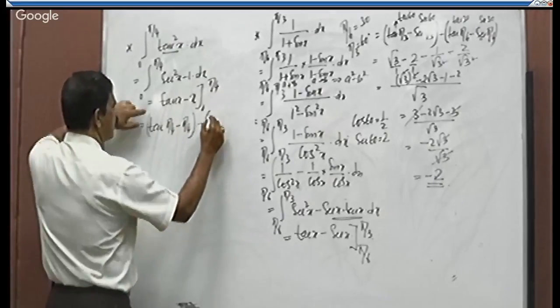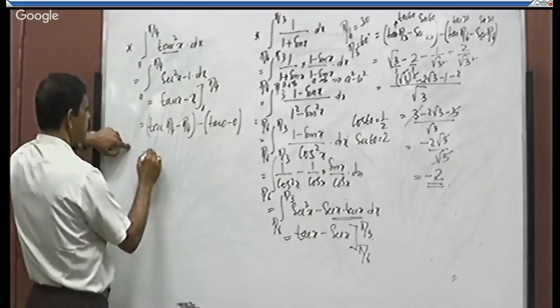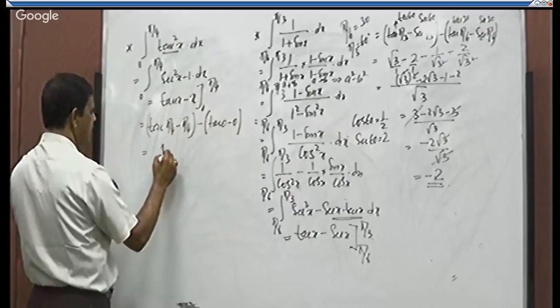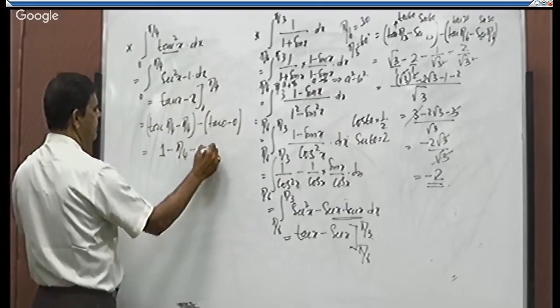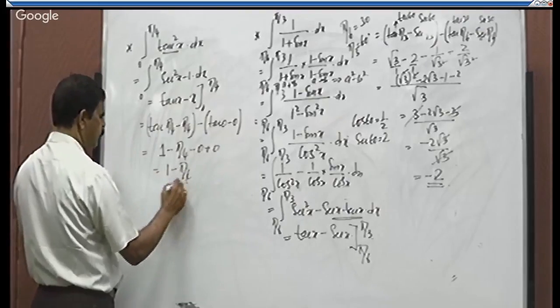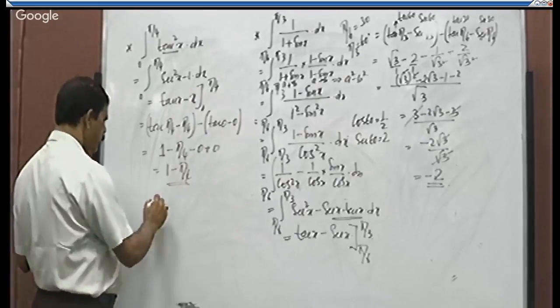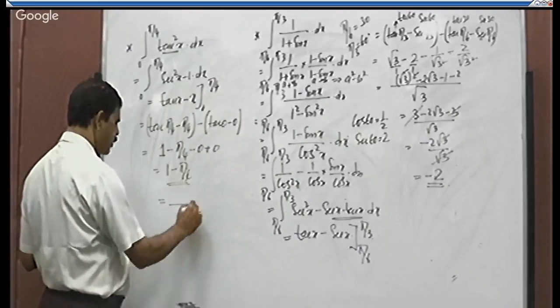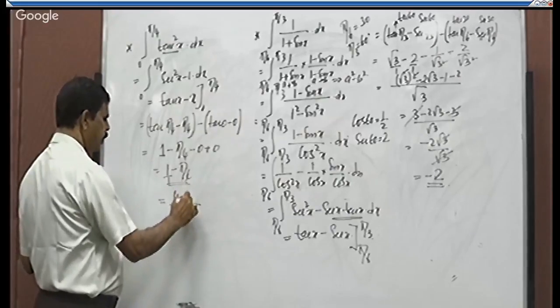Minus tan of 0 minus 0. Tan pi by 4 is 1. Minus pi by 4. Minus 0, 0. So 1 minus pi by 4. You can keep it like this. Otherwise, you can take the LCM and go for further simplification.